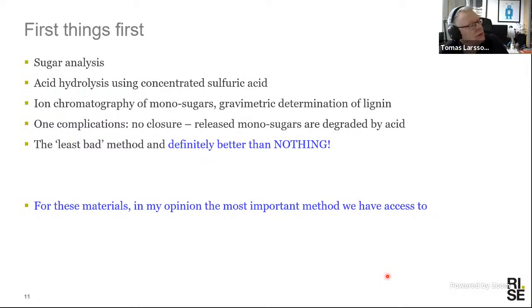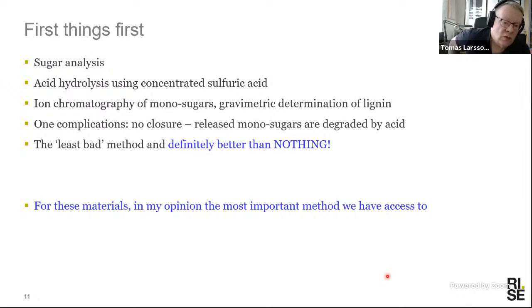But first things first. Sugar analysis is definitely not the most advanced or sexy method, to say the least. But I would say that from my point of view, this is really one of the most important methods that we have. We break down the material by a strong sulfuric acid, and we analyze by ion chromatography. We can also get a gravimetric determination of the insoluble lignin and so on.